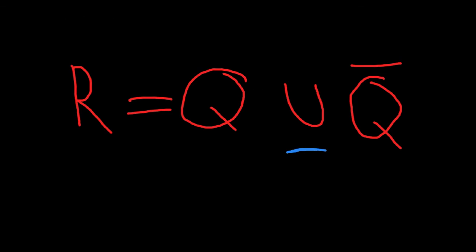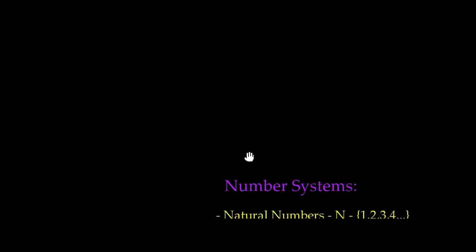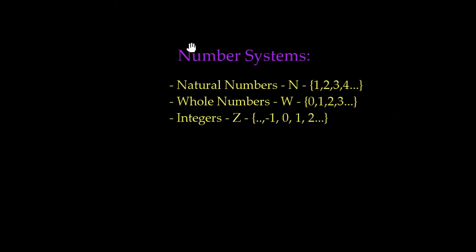So all rational and all irrational numbers together count as real numbers. That's basically it, and that's it for our real number system.